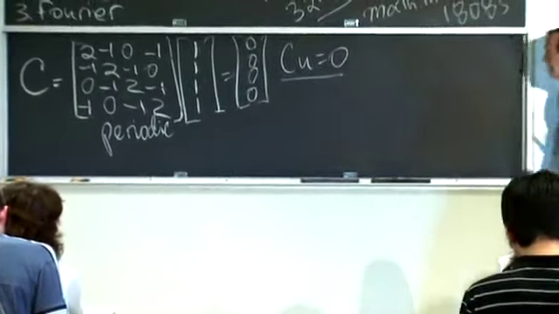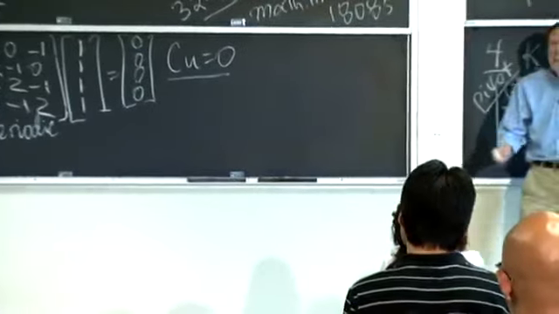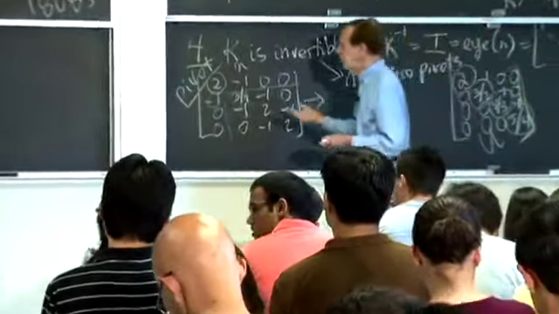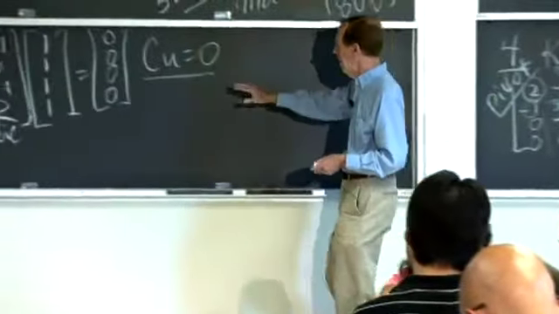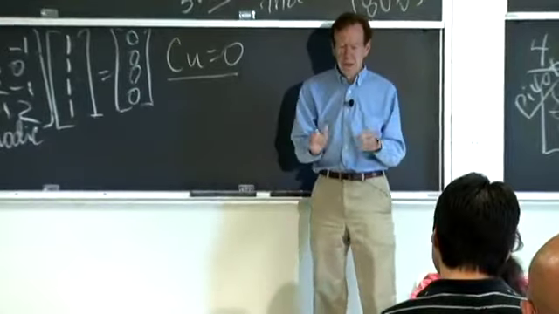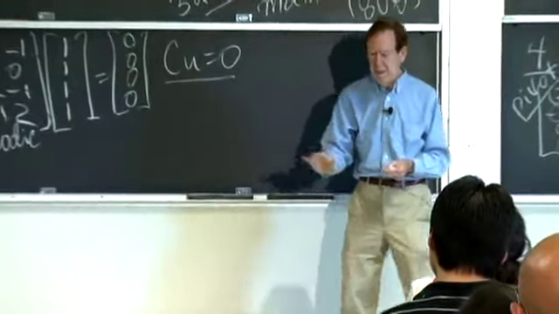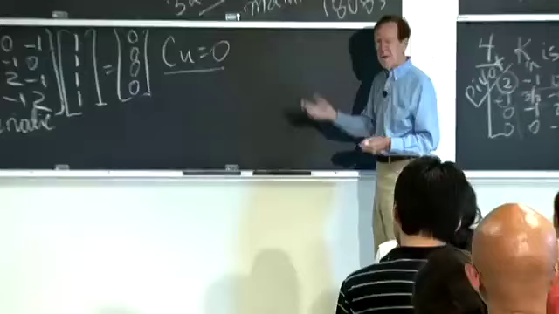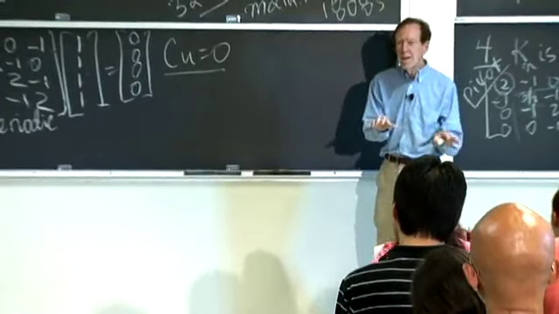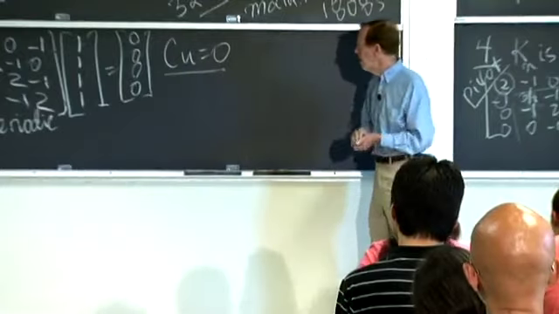And why does that show that the matrix isn't invertible? Because that's our point here. I have a solution to CU equals 0. I claim that the existence of such a solution has wiped out the possibility that the matrix is invertible. Because if it was invertible, what would this lead to?